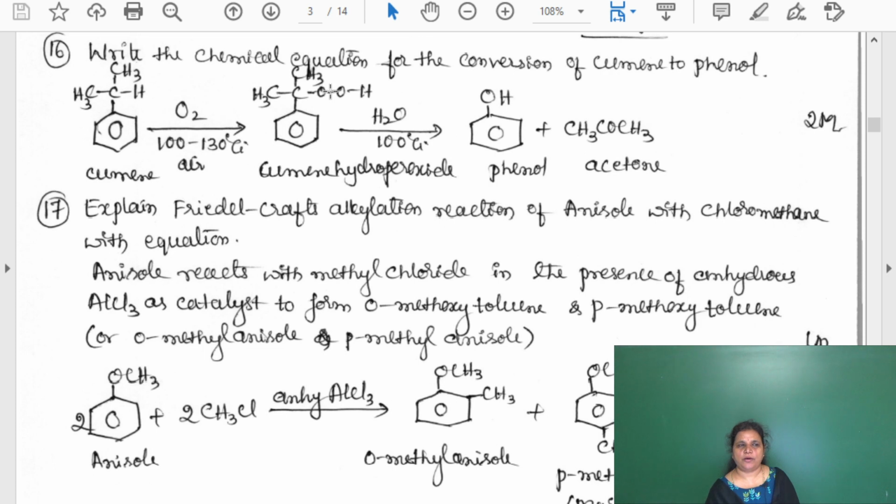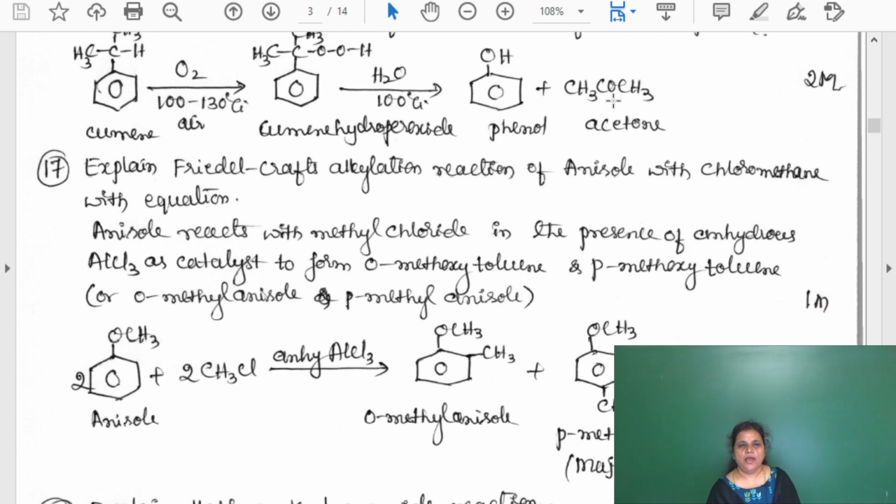You need to write the bond between the two oxygen atoms, and this linkage indicates the peroxide linkage. Therefore, it is called cumene hydroperoxide. This is very important. On boiling with water at 100 degrees centigrade, you will get phenol with the formation of acetone. Writing the byproduct here is very, very important. Writing the complete reaction carries 2 marks. If you write the correct half of the reaction, you can allot 1 mark.